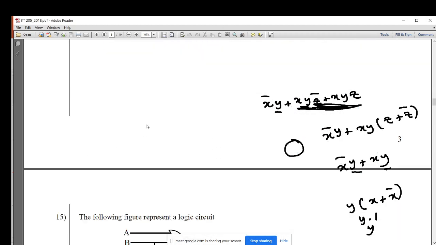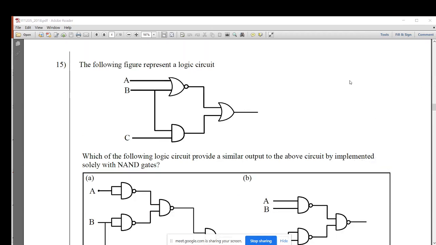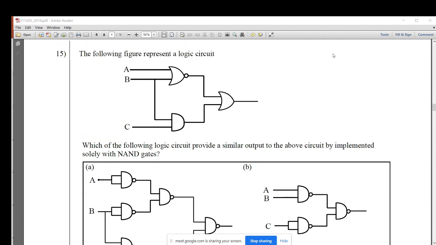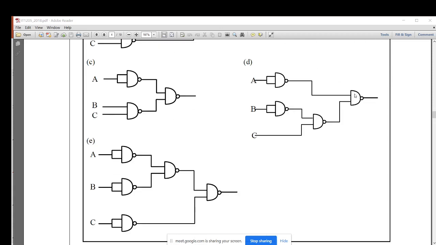Now let's look at the 15th one. The following figure represents a logic circuit. Which of the following logic circuits provides similar output to the above circuit by implementing it solely with NAND gates? Solely means only with NAND gates. This kind of question we did last time also.